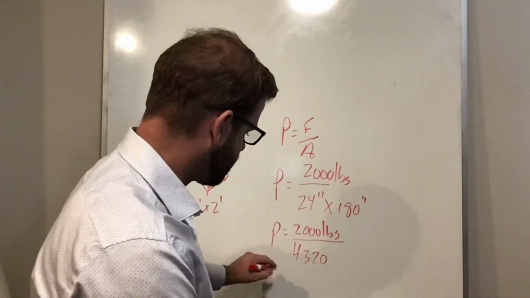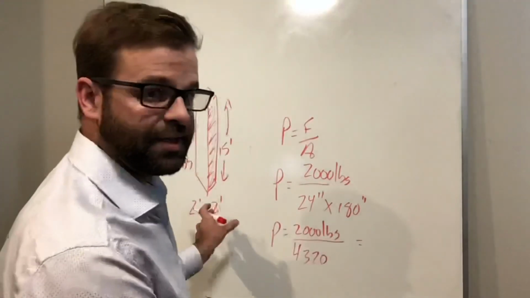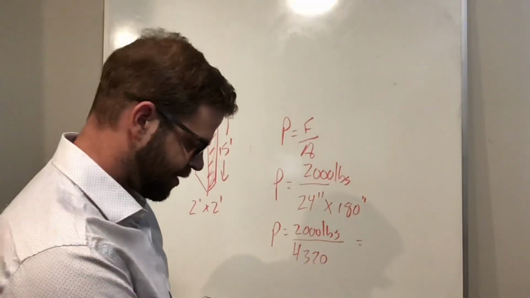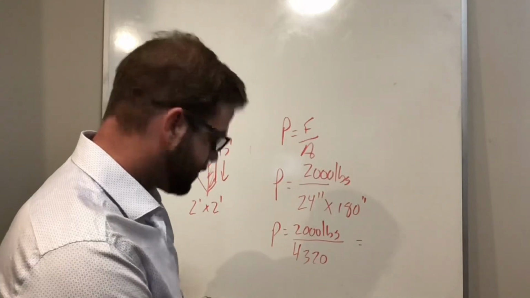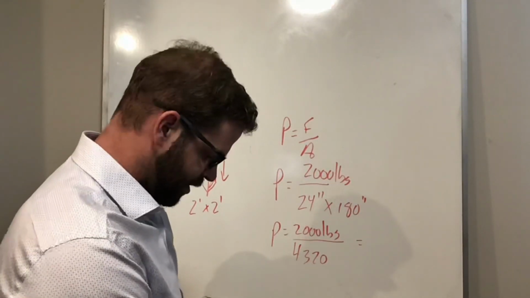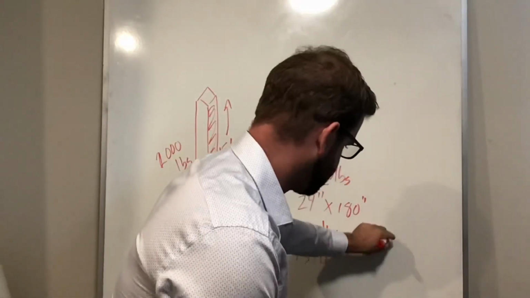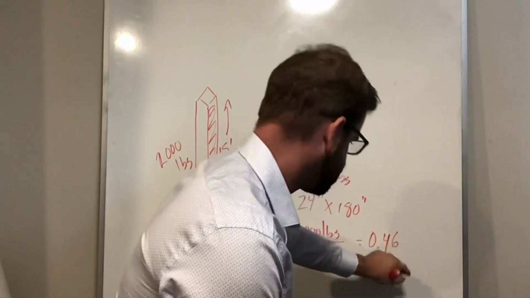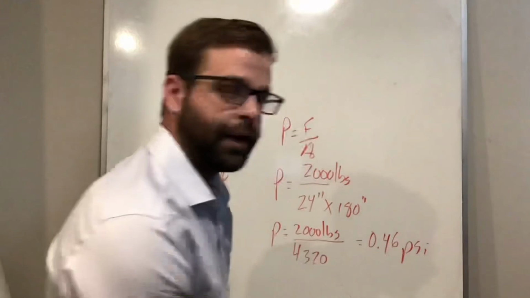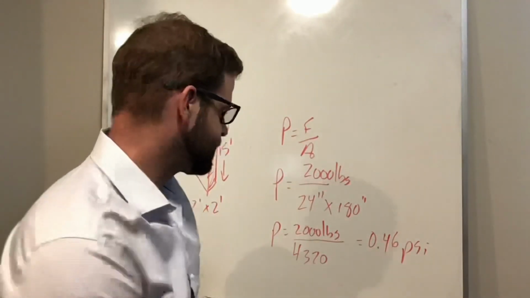And be sure on a test that you recognize if something's in feet, and convert it to inches when you go to do it, so your answers aren't out of whack. Divided by 4,320, and we get 0.46 psi.